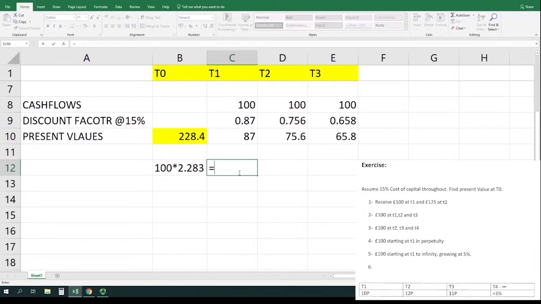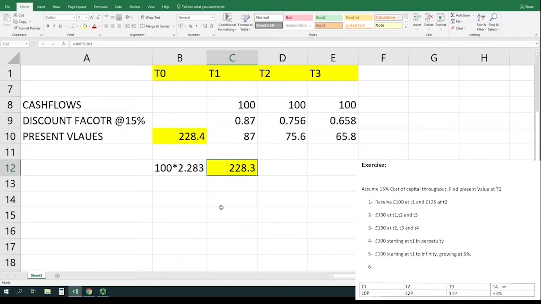And this gives us an answer which is very similar to the previous one, and the difference is because of rounding off. So we will ignore the difference. It's actually the same result from the calculation point of view. So whenever you receive an annuity, you look at the annuity table, multiply the value with the factor, and you get your answer.